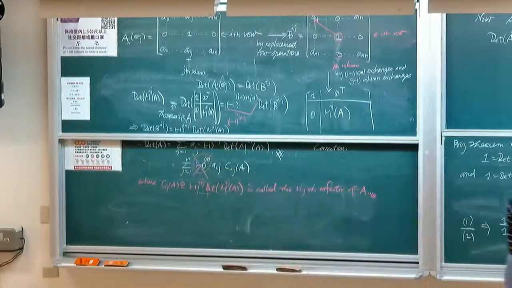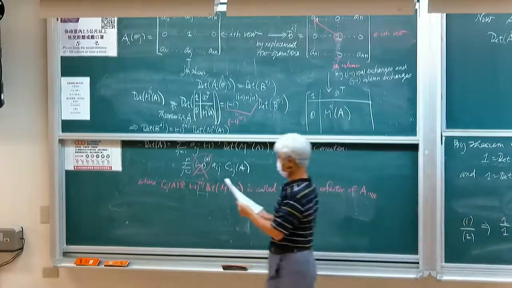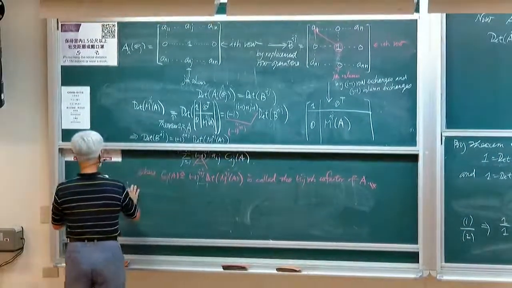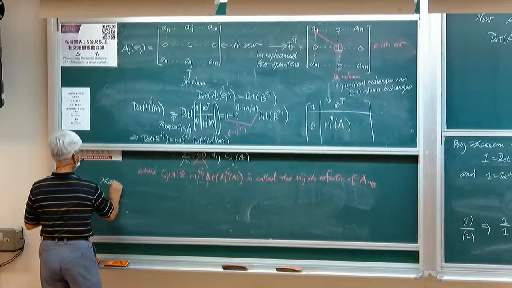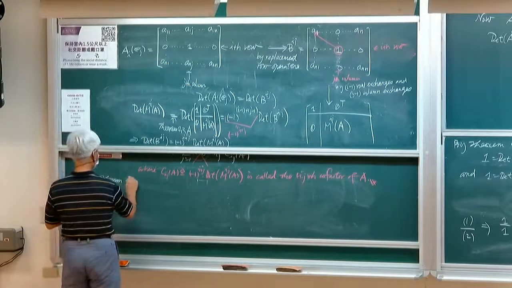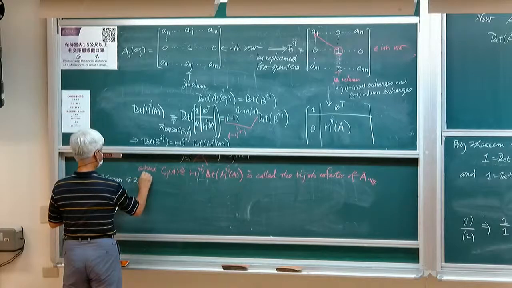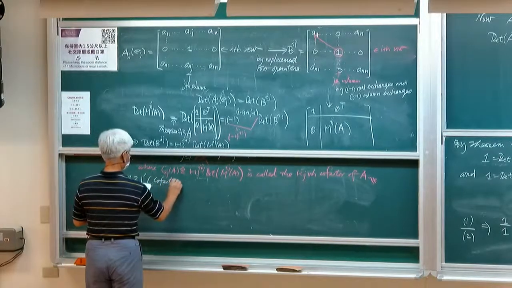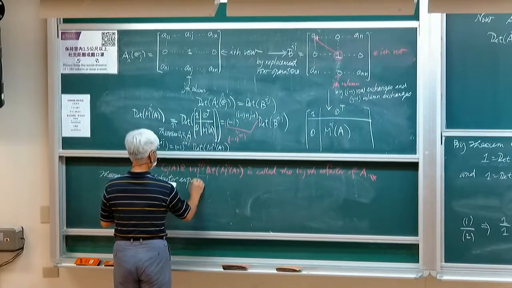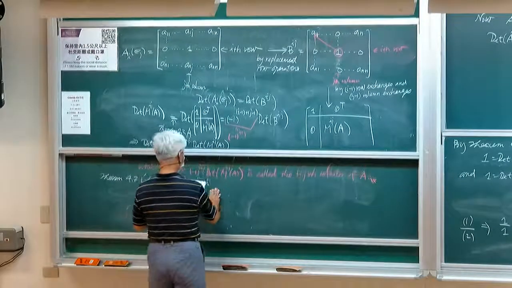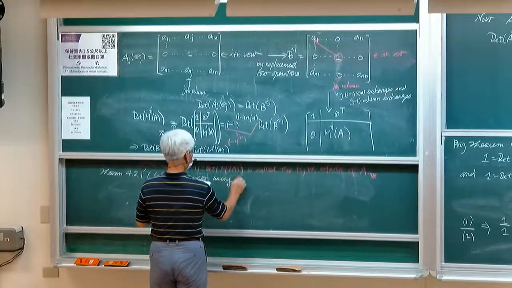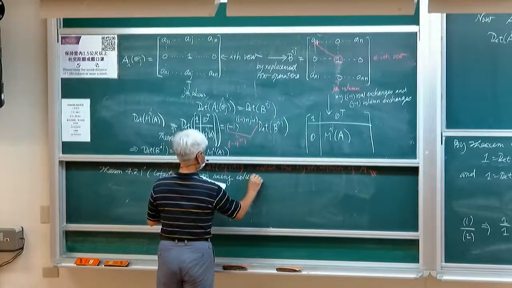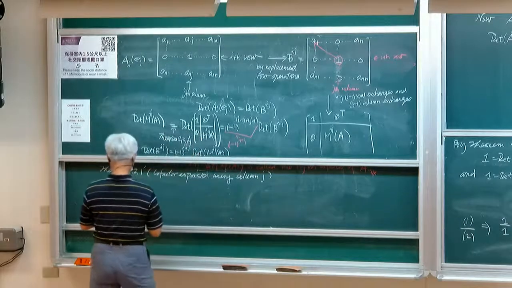So this is the cofactor expansion using row i. As I gave in the remark, we have one prime: the cofactor expansion using column j. Okay.